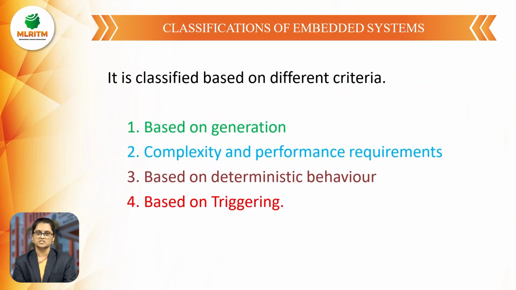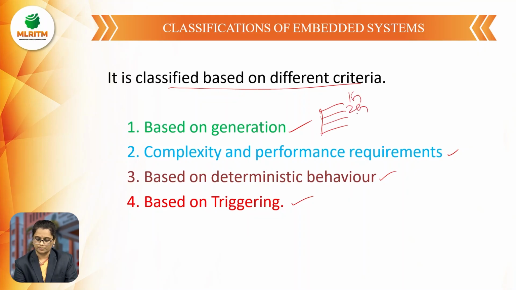And then classifications of embedded systems. They are classified by different criteria: based on generation, complexity and performance requirements, deterministic behavior, and triggering. Based on generation, it can be divided into four parts.